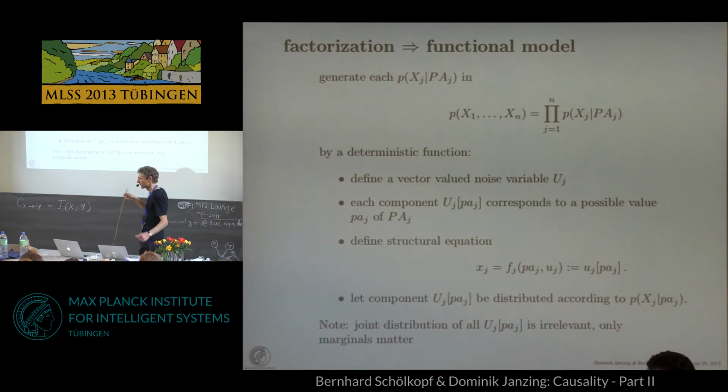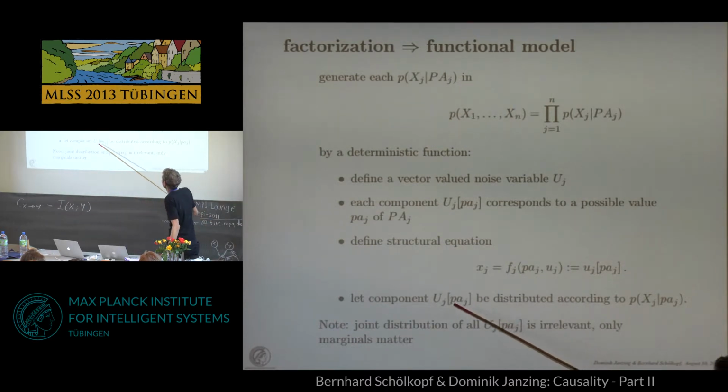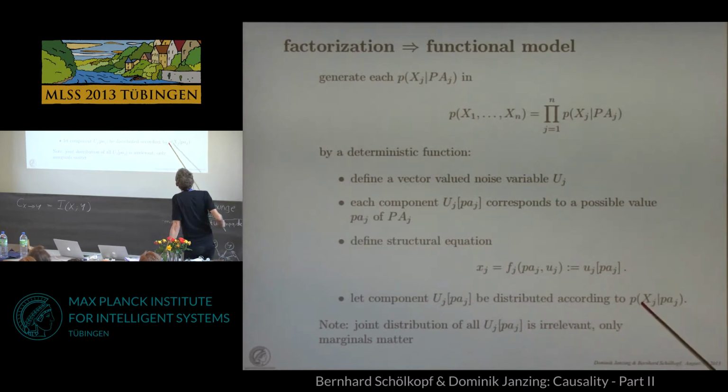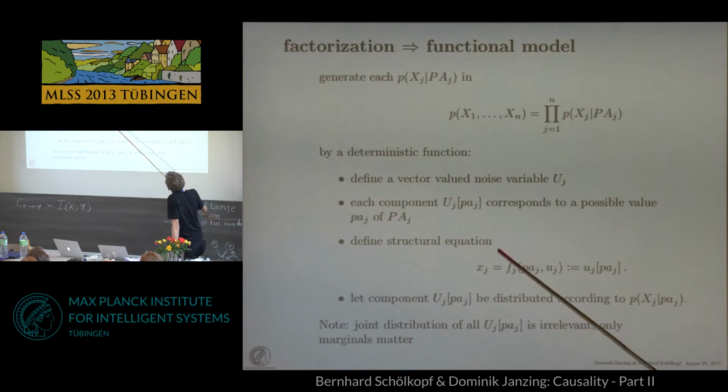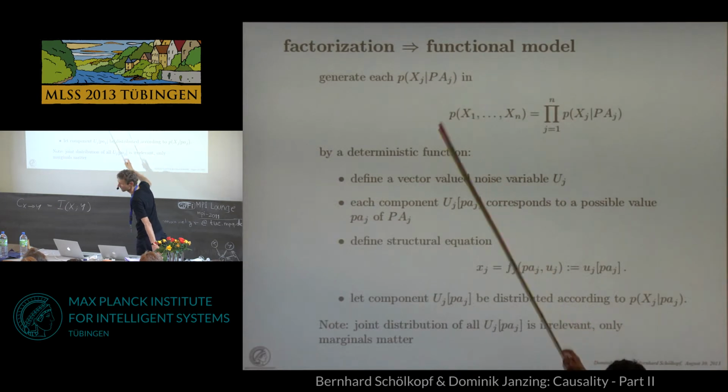So you have a vector-valued noise term, and the parents just tell you which component to look at. And then you assume that each component of the noise is distributed according to this conditional that you want. And then it's easy to see that this already generates this conditional.